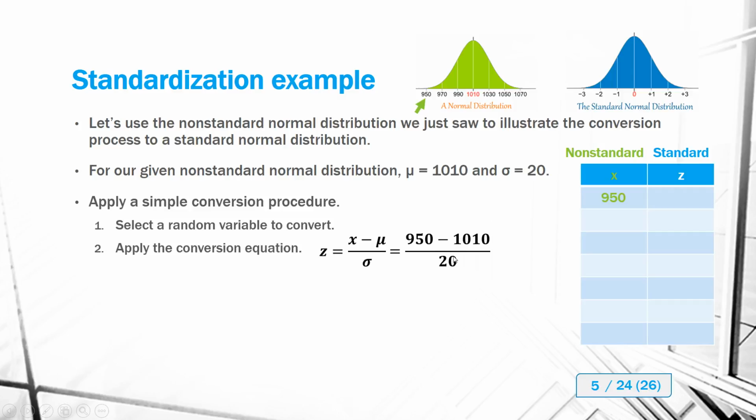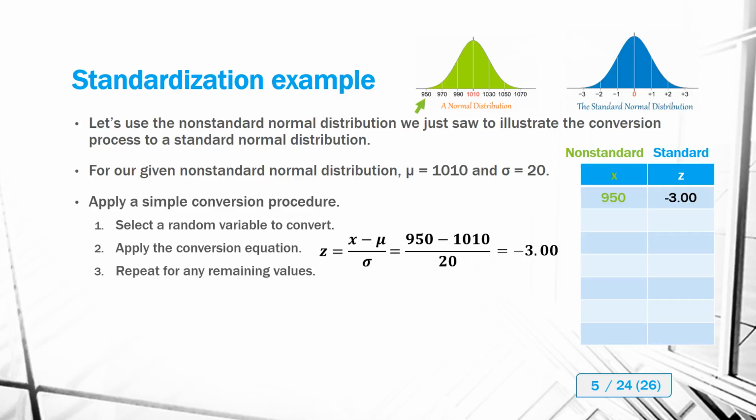So when we evaluate this out, 950 minus 1010 gives us negative 60. Divide negative 60 by 20, and we get negative 3. So this is what we put into our table under the z column. This means that the z-score of -3 corresponds with the random variable of 950 in our non-standard normal distribution.